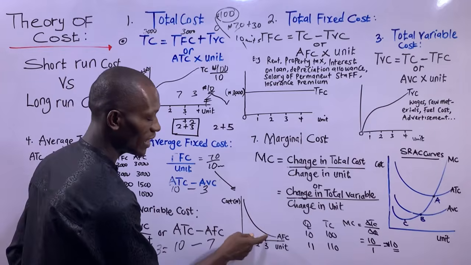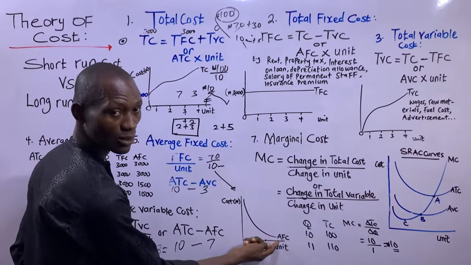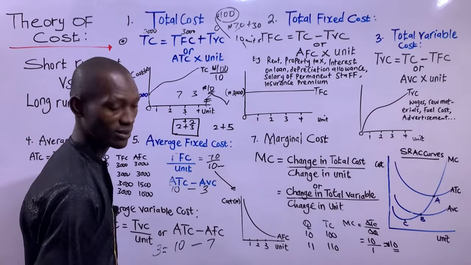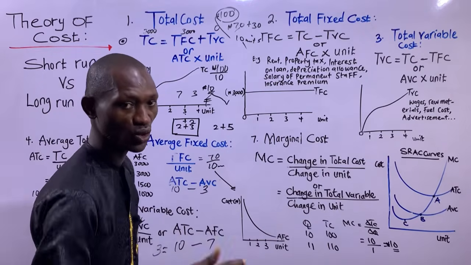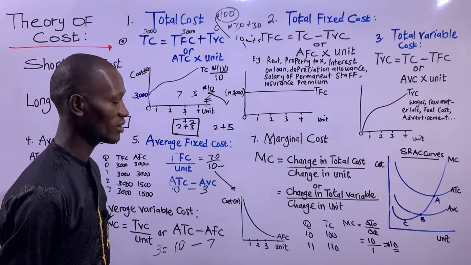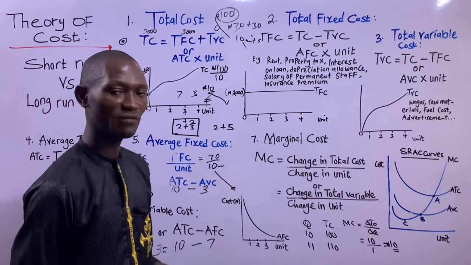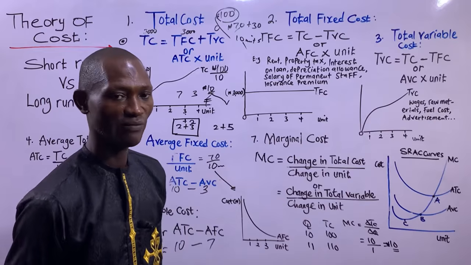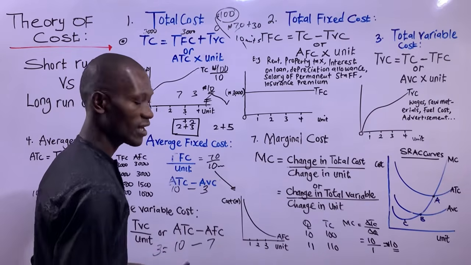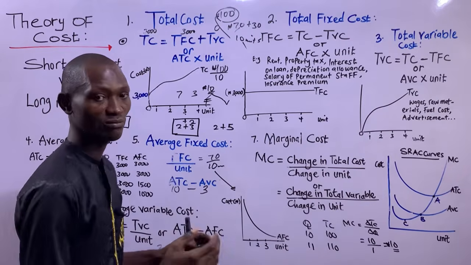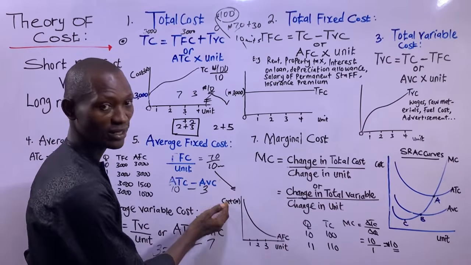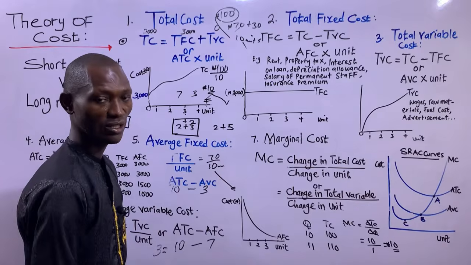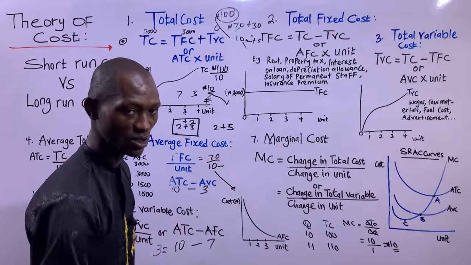That means it will neither touch the horizontal axis, nor will it touch the y-axis, but it will continue to fall continuously. And that's why most times average fixed cost is referred to as an asymptotic curve. Asymptotic curves are those that don't touch either the y-axis or the x-axis, but continue to fall like that.